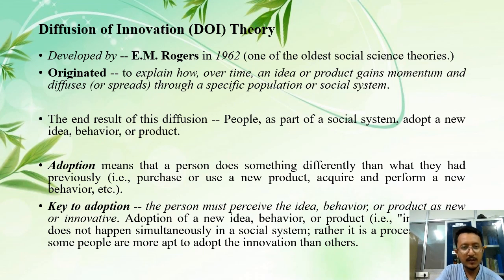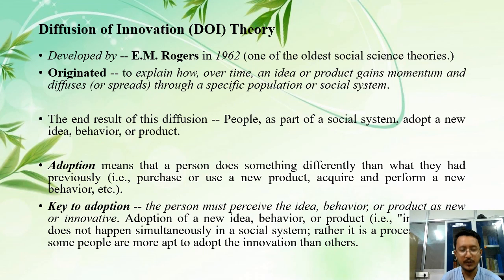It was originated in order to explain how, over time, an idea or product gains momentum and diffuses, or in other words, spreads through a specific population or a social system, right? Now, what happens as a result of this diffusion is that people, as a part of a social system, start adopting a new idea or behavior or product, whatever the case.